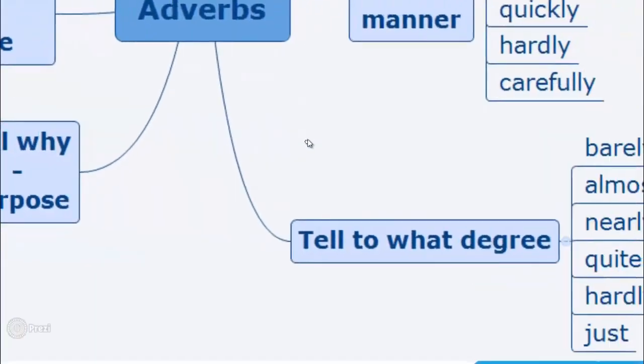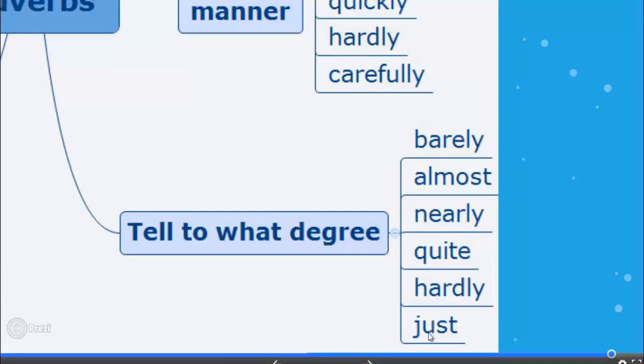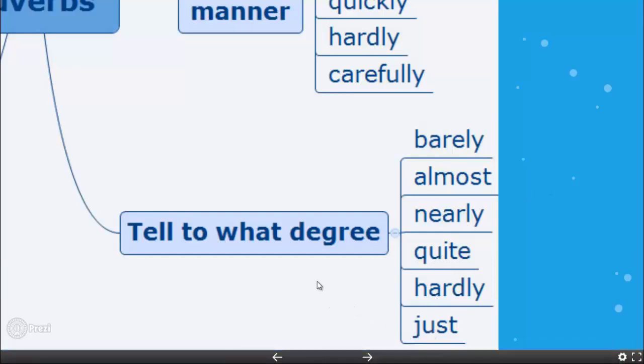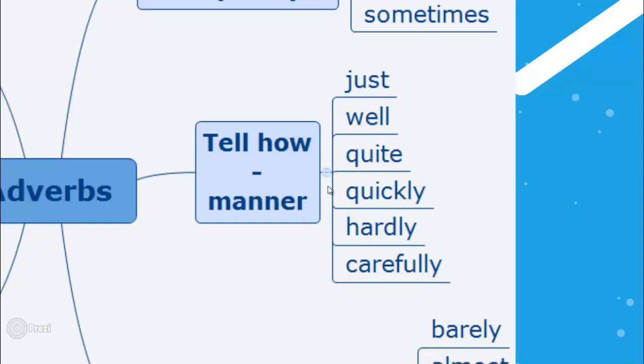And then if you want to talk about the extent or degree, like barely, almost, nearly, quite, hardly, and just, we may mention these adverb forms, and also the manner, how something is done. For example, she runs quickly, and I drive carefully, or I read well, or I just finished, and this is quite expensive, or I hardly did it.